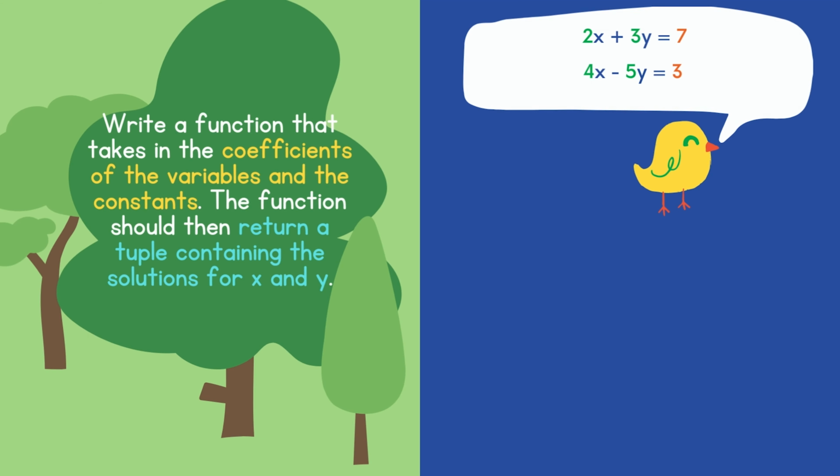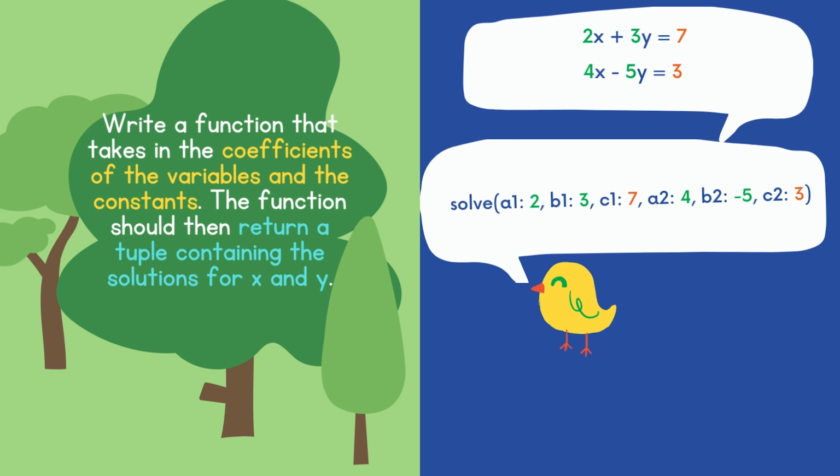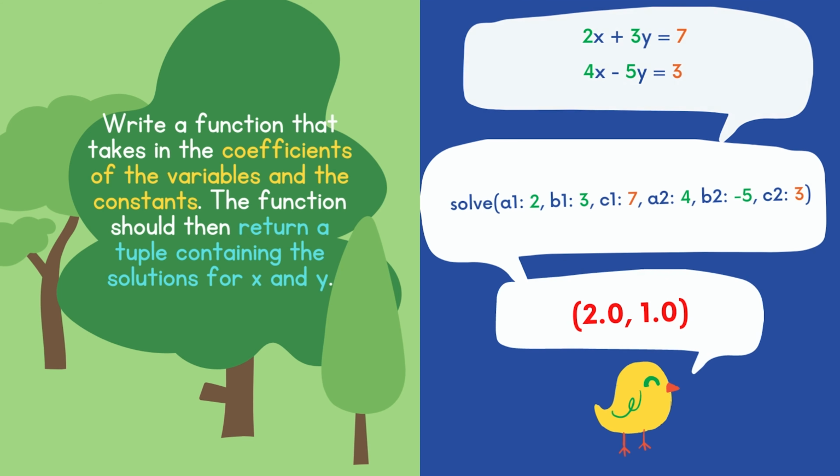For example, if we have the following system, we should call our function like this: solve a1 2, b1 3, c1 7, a2 4, b2 minus 5, and c2 3. And it should return the tuple 2 and 1. So go ahead and try to solve this challenge on your own. I'll be back in a bit with the solution.